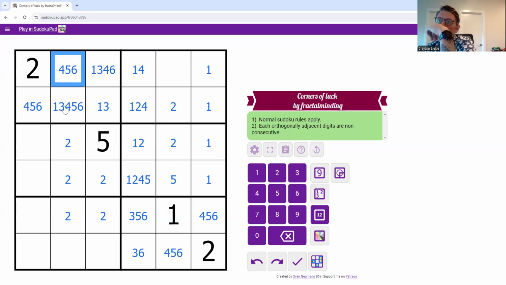And again, that lets us take out this ability to be a 5. Because if this is 4, couldn't be a 5. If this is 5, couldn't be a 5. If this is 6, couldn't be a 5. So we've actually narrowed 5 down to 2 spaces. Which seems like, I'll take any sort of help I can get at the start of this puzzle. This is surprisingly difficult.